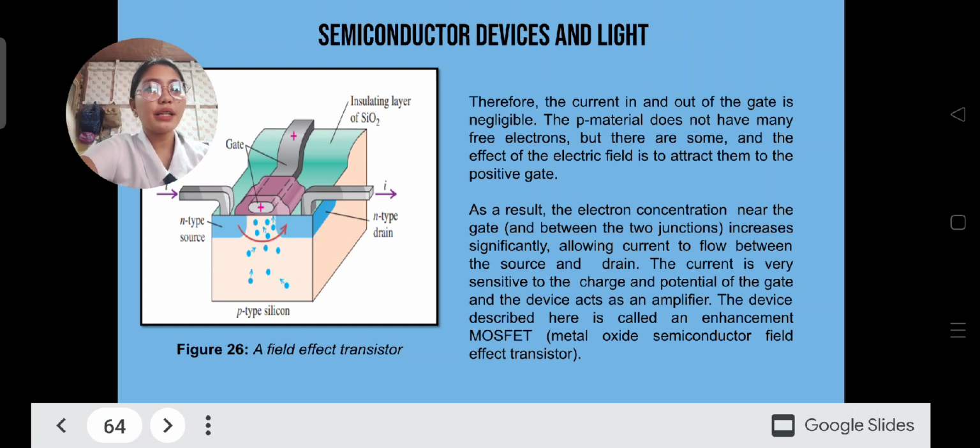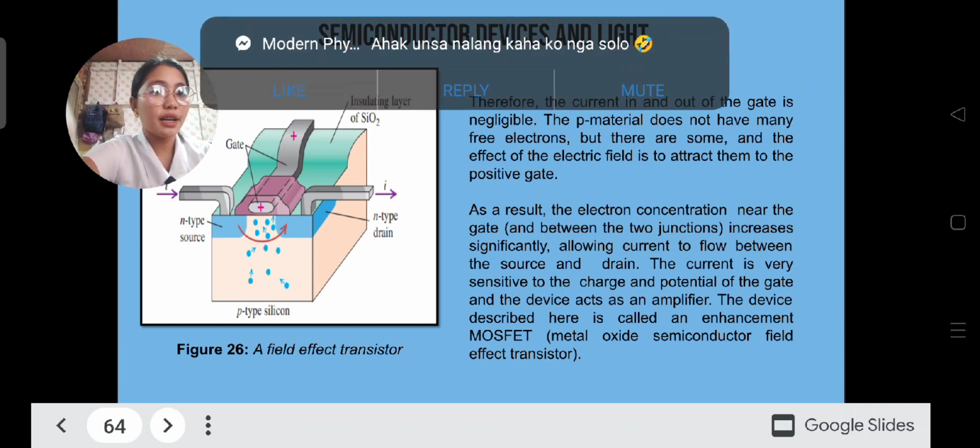The p material does not have many free electrons, but there are some, and the effect of the electric field is to attract them to the positive gate. As a result, the electron concentration near the gate increases significantly, allowing current to flow between the source and drain. The current is very sensitive to the charge and potential of the gate, and the device acts as an amplifier.